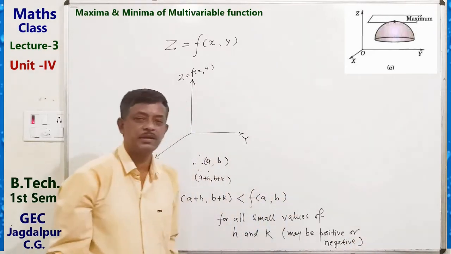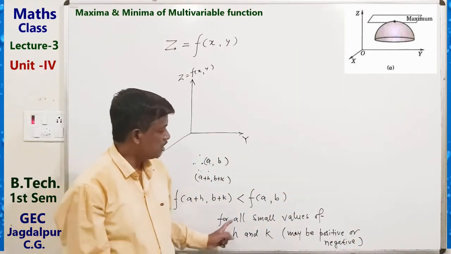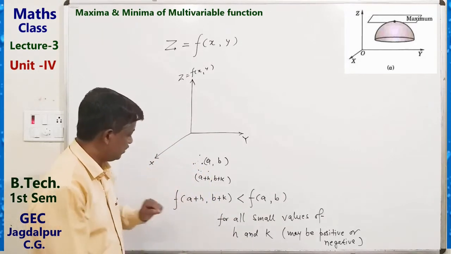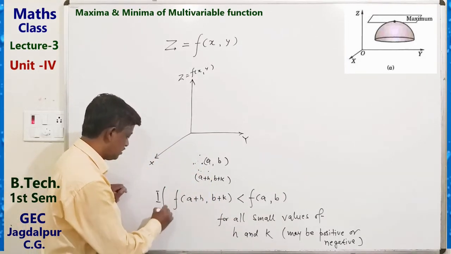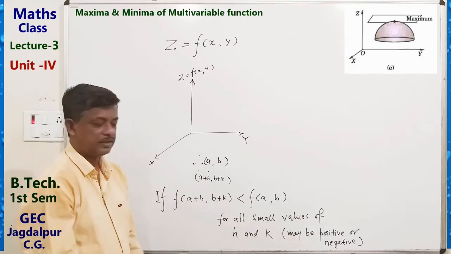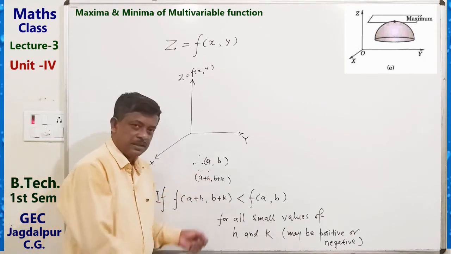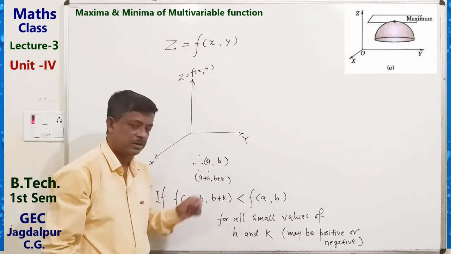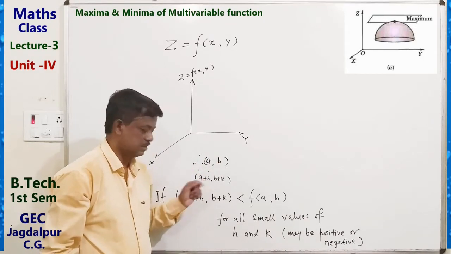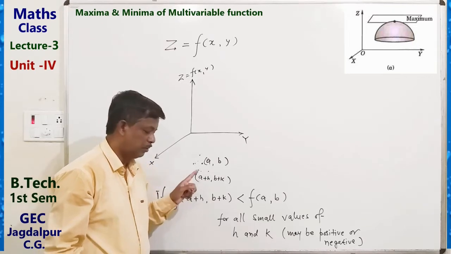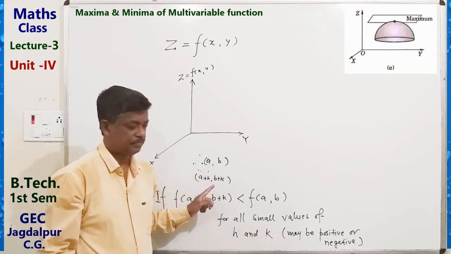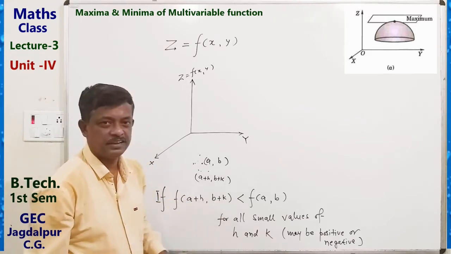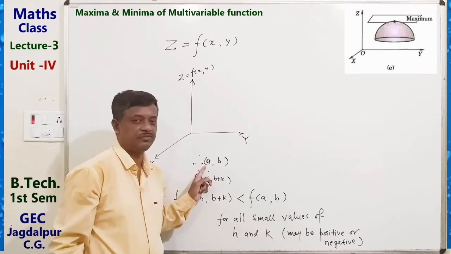That is, the point in the neighborhood is (a + h, b + k), and the value of the function at this point is less than the value of the function at (a, b).